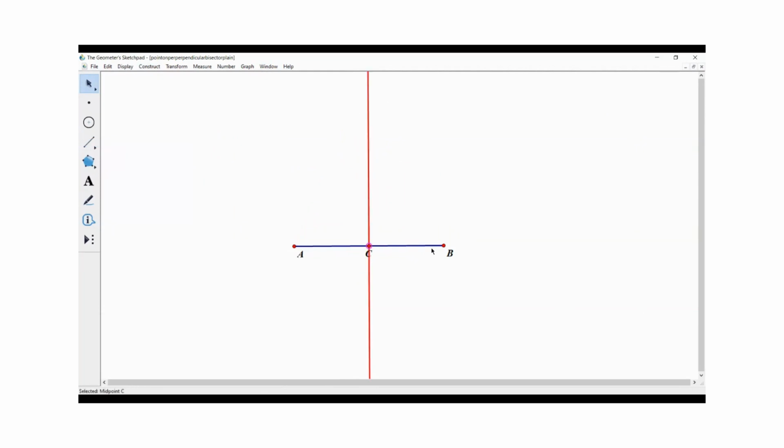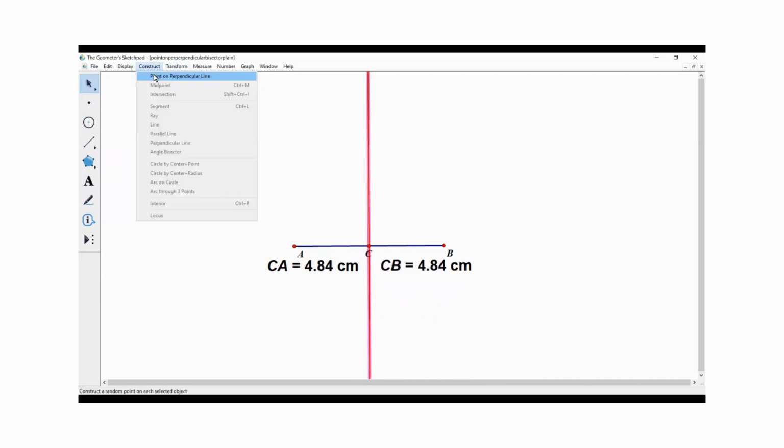If I measure this distance from here to here, the distance is 4.84. And if I measure the distance from C to the other end, it's going to be 4.84 as well. So as it always is, the midpoint is equidistant from the endpoints. But as I mentioned earlier, if I pick any other point on this perpendicular bisector and measure its distance from the endpoints, I'm going to construct a little segment there.